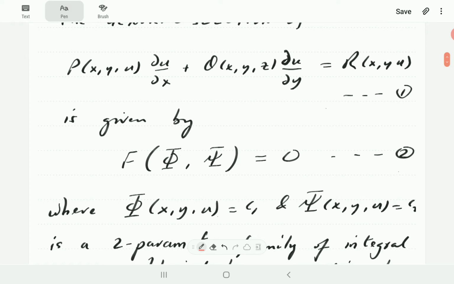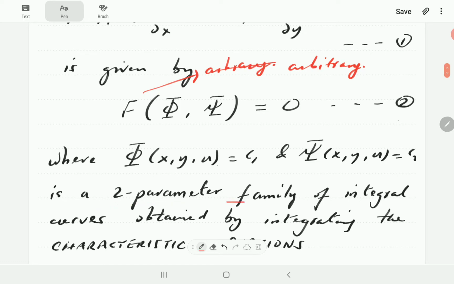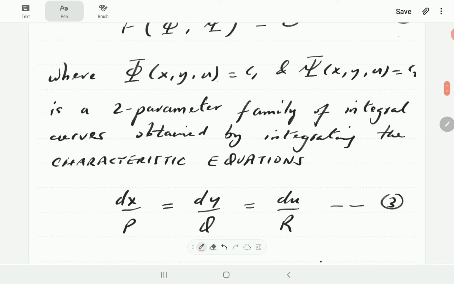We've shown that this is given by f of phi and psi equal to 0, where f is an arbitrary function, and the phi and the psi is a two-parameter family of integral curves obtained by integrating these ODEs here called characteristic equations.